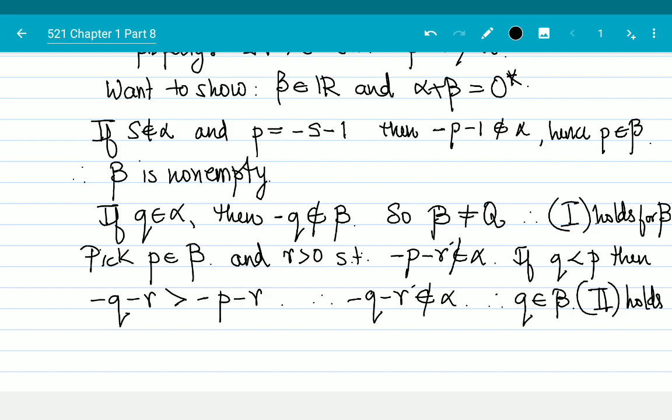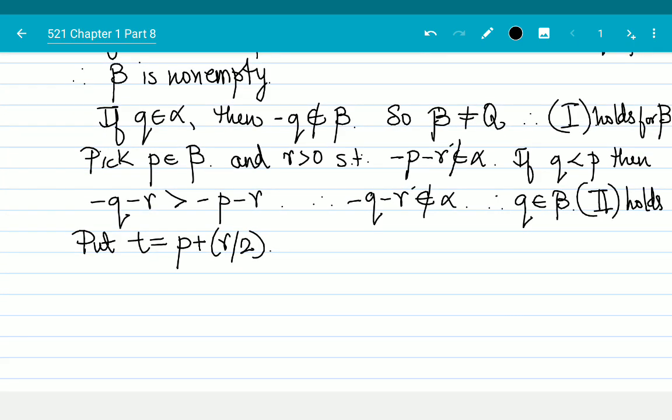Show property 3, put t is equal to, let's say, p plus r over 2. Okay.